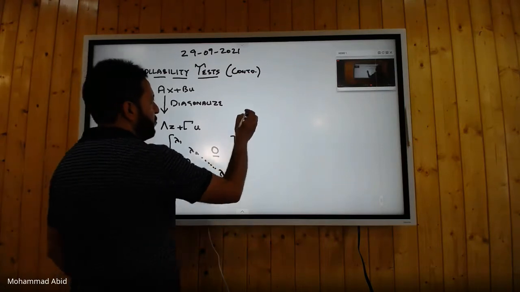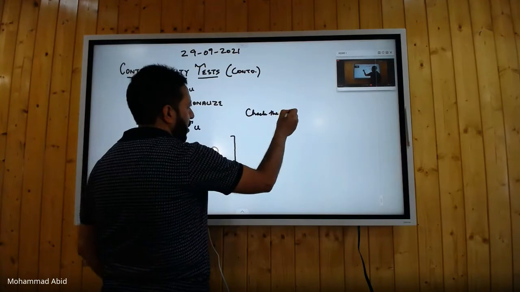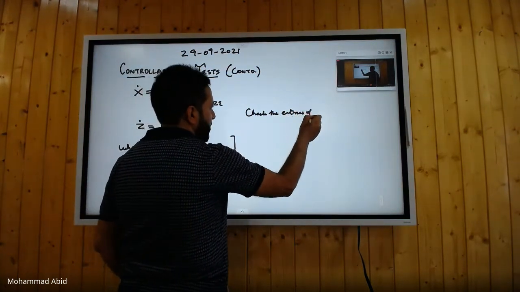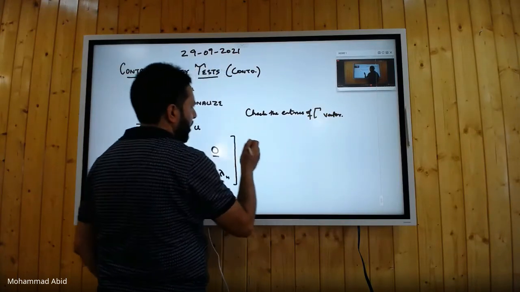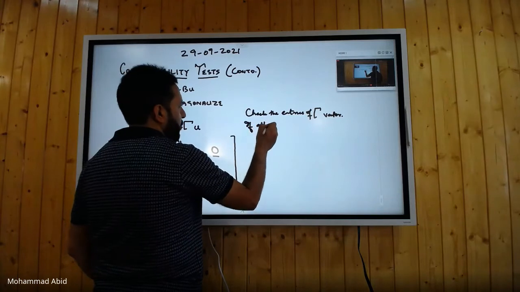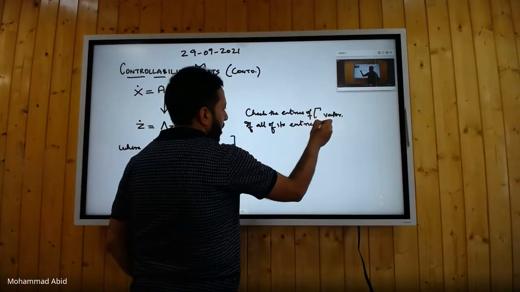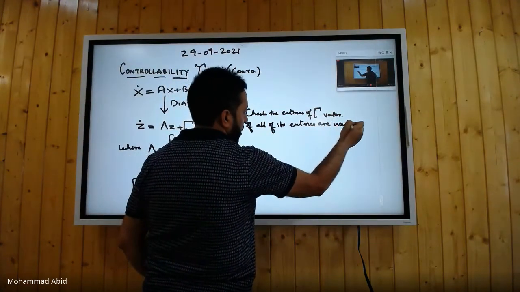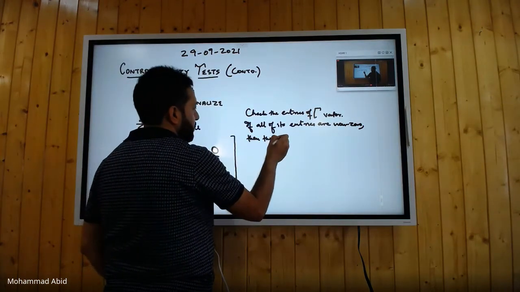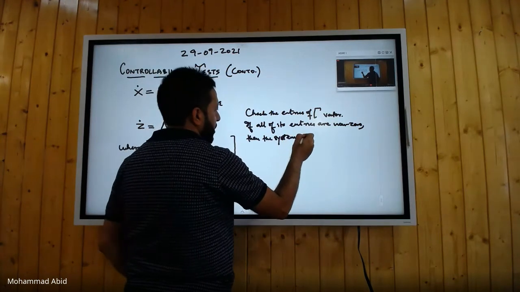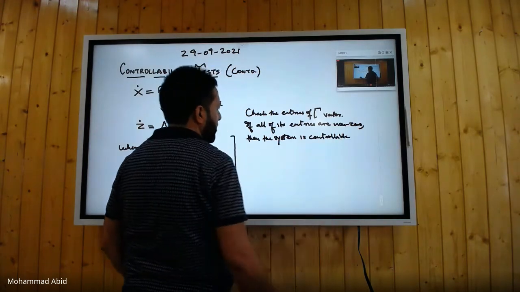So the controllability test goes like this. You have to check the entries of this tau matrix, tau vector or matrix. If all of its entries are non-zero, then the system is controllable, isn't it?